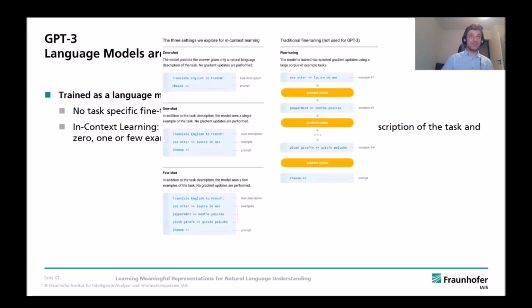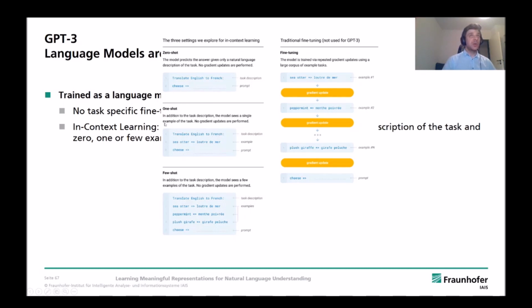This is insane. As I said, one example is translation, and they test GPT-3 in multiple settings. The first setting is the zero-shot setting, in which they just describe the task, say translate English to French, cheese is, and they would look at what the answer is. Then they would do the one-shot setting, in which they say translate English to French and provide it with one example.